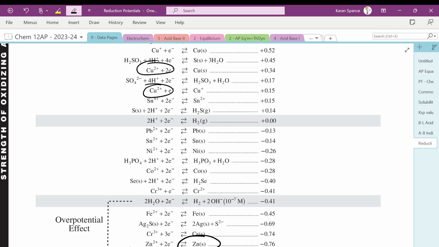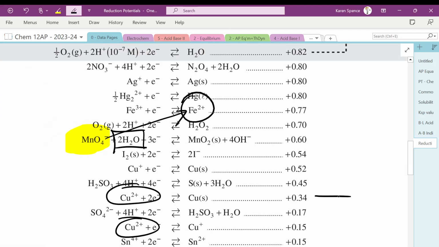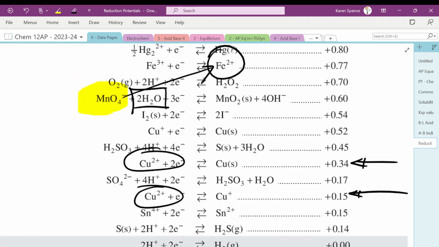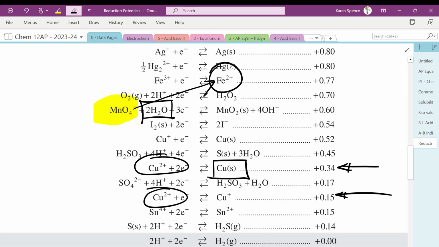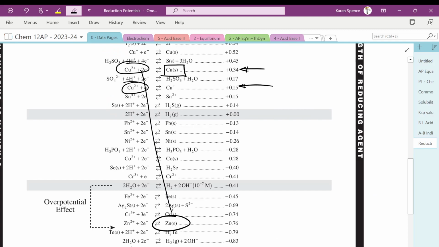No, it doesn't. If you had to decide which reaction would take place preferentially, which one would it be? The one with the higher potential. So the reaction we get is Cu2+ becoming copper solid rather than copper 1+. And that is spontaneous.